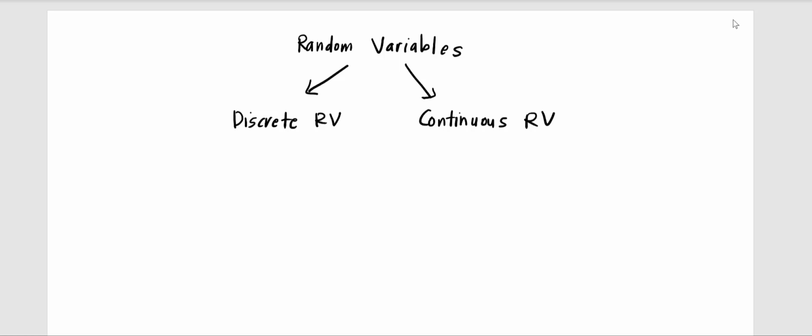Okay, so today we are still in chapter 2 on the random variables. We already learned on the discrete random variables.